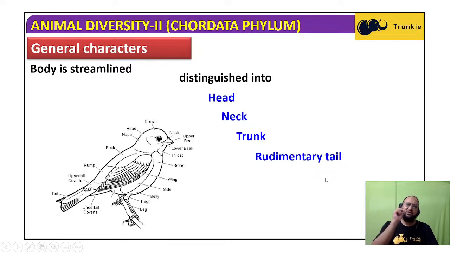The tail is rudimentary, small. In lizards it was fully functional, long and big, but in birds it's rudimentary, small, and not much functional. The body is streamlined so it is easy for the birds to fly through the wind, and is divisible into head, neck, trunk, and rudimentary tail.